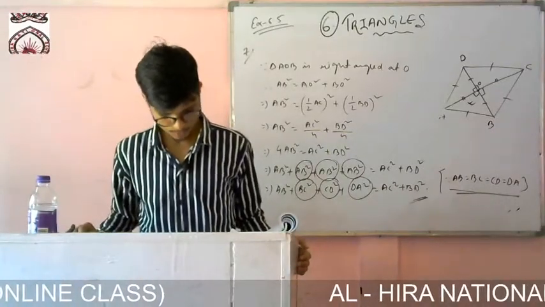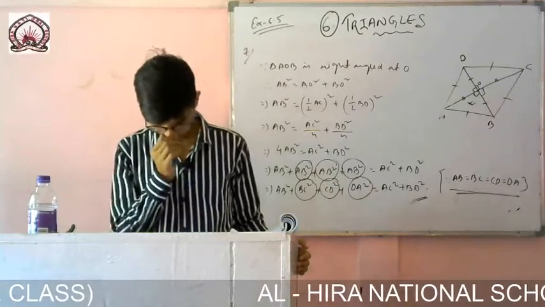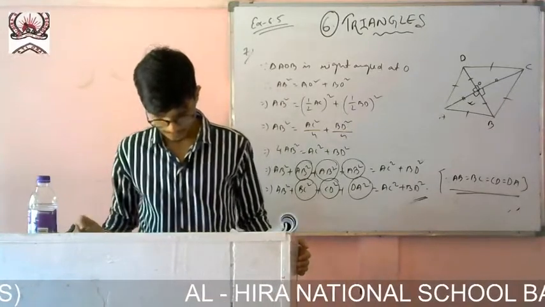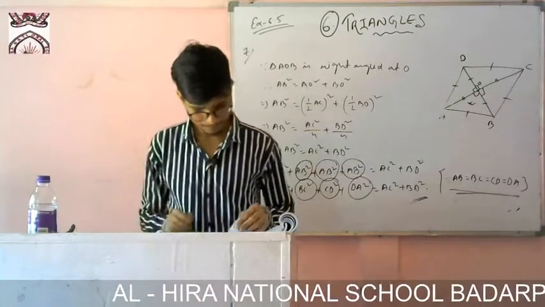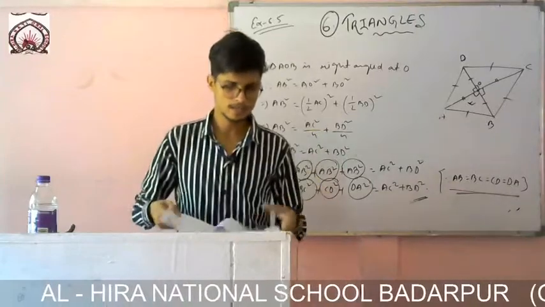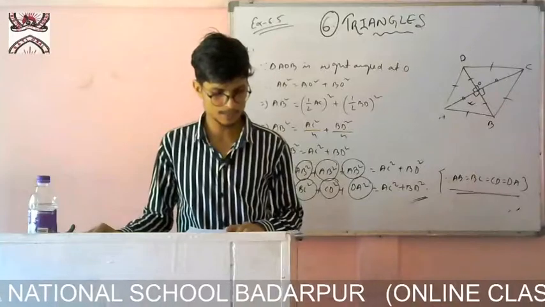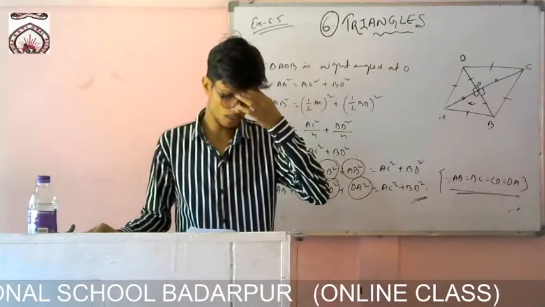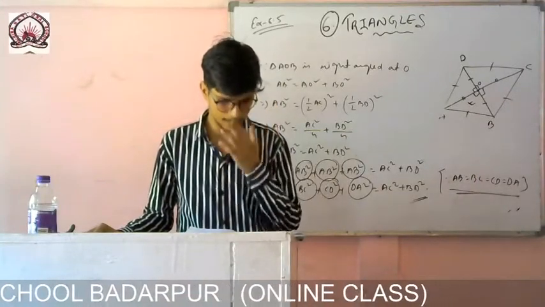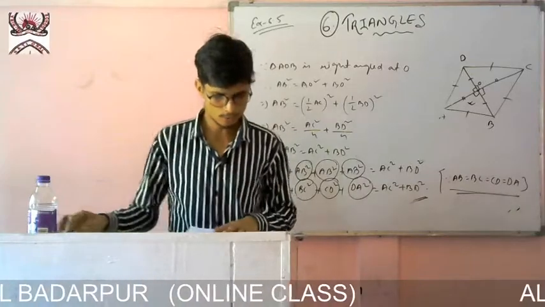Now let us move to question number 8. You see in the figure, O is a point in the interior of triangle ABC. OD is perpendicular to BC, OE is perpendicular to AC, and OF is perpendicular to AB. So you have to show these two. Okay.